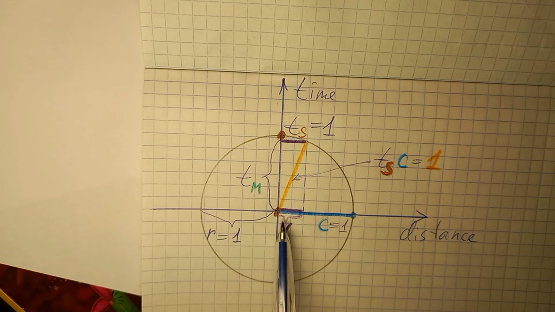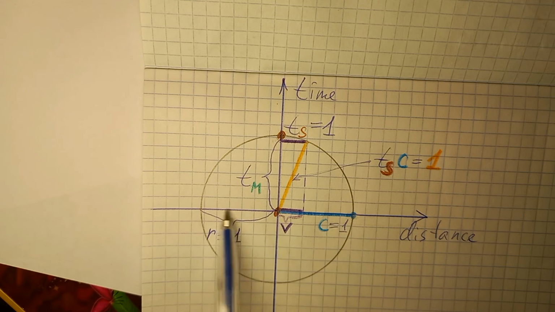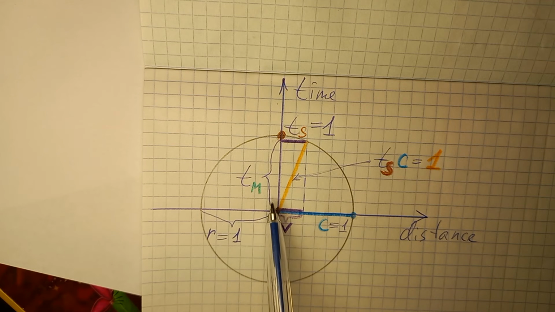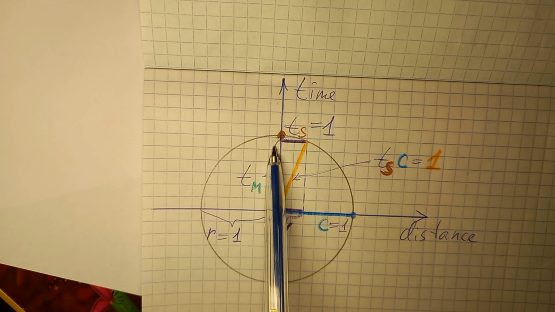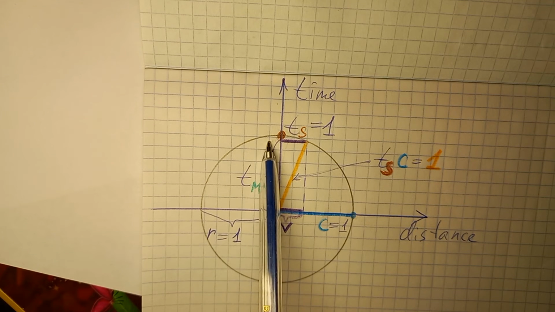If we trace the light in this diagram, we can see that light experiences no time at all. And this stationary observer experiences no move at all. So it doesn't go anywhere. But it experiences 100% of time.